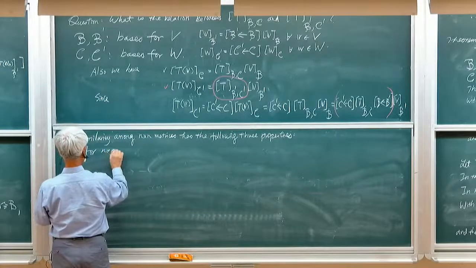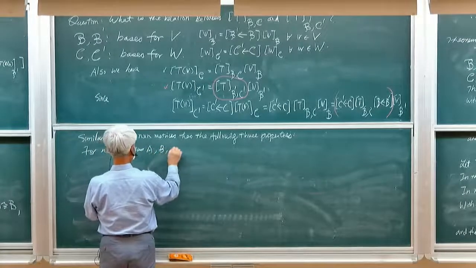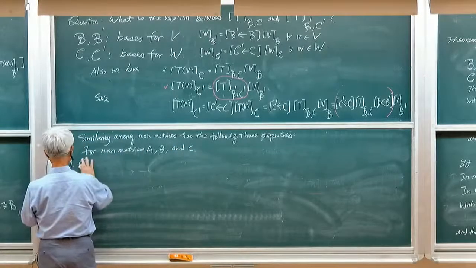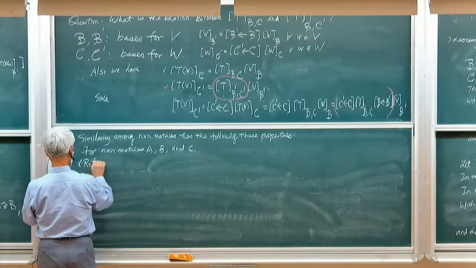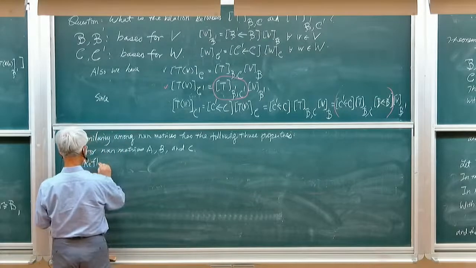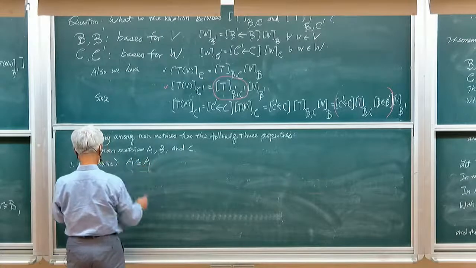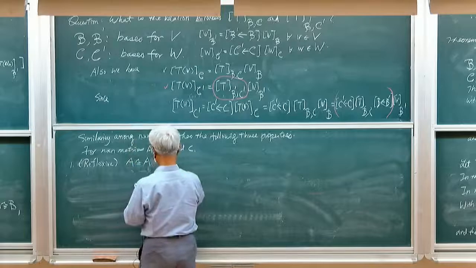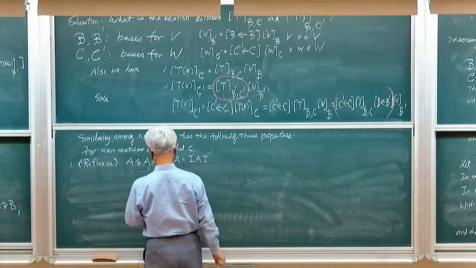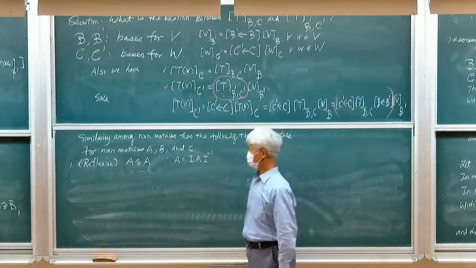For n times n matrices A, B, and C, first is the reflexive property: A is similar to itself. Why? This is because A can be written as the identity times A times the inverse of the identity.